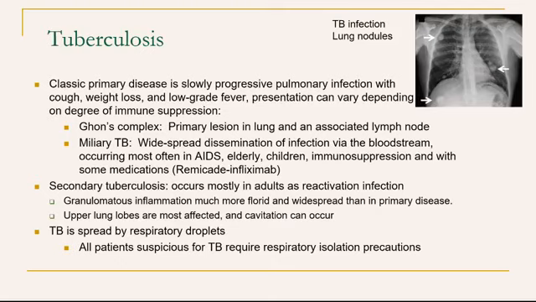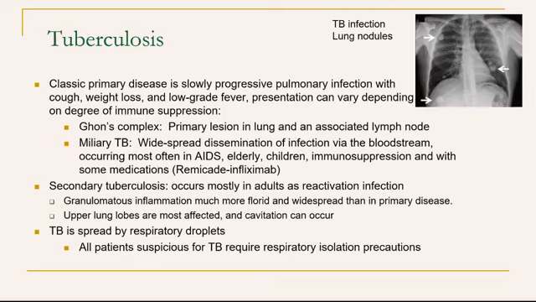Or you could have a miliary TB, usually occurring in an immune suppressed patient, where you can have widespread dissemination. The infection will occur via the bloodstream. This occurs most often in AIDS, elderly, children, immunosuppression, and with some medications, particularly Remicade.